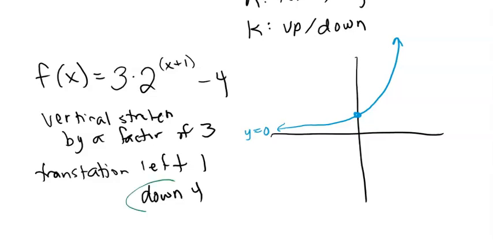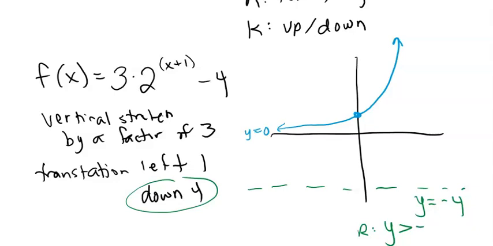We know that since it has been translated down 4, so has our horizontal asymptote. So the horizontal asymptote is normally at y equals 0. Our horizontal asymptote is going to be down here at y equals negative 4. Since that's our horizontal asymptote, we know everything in our graph is going to be above that. So we know that the range for our graph is going to be y is greater than negative 4.